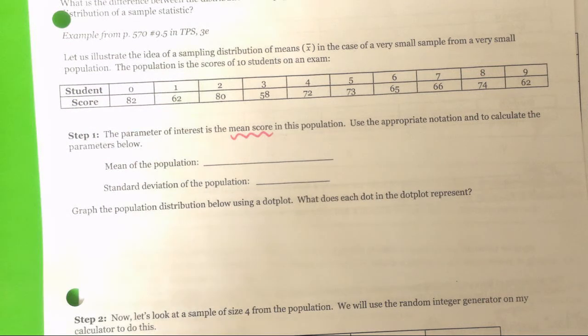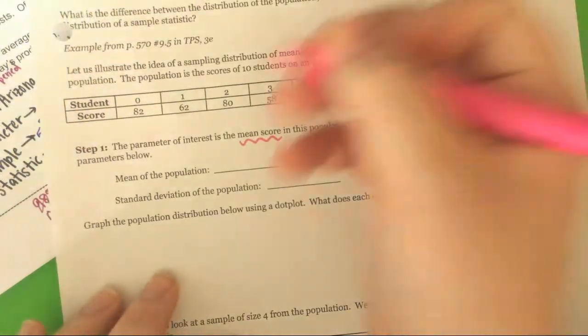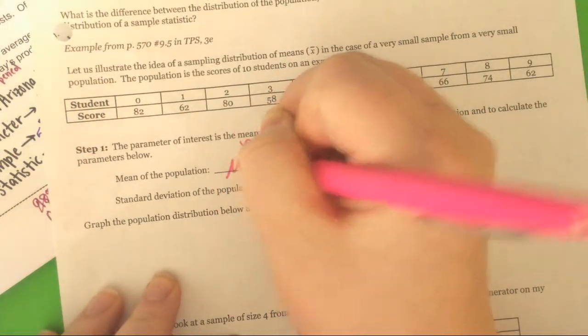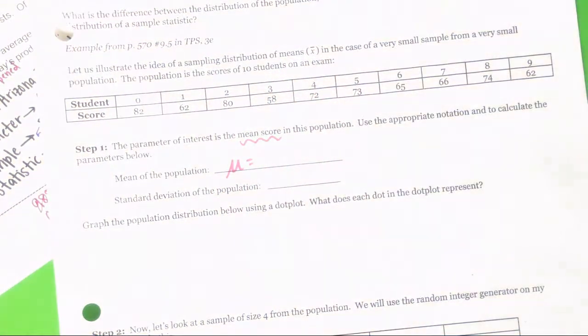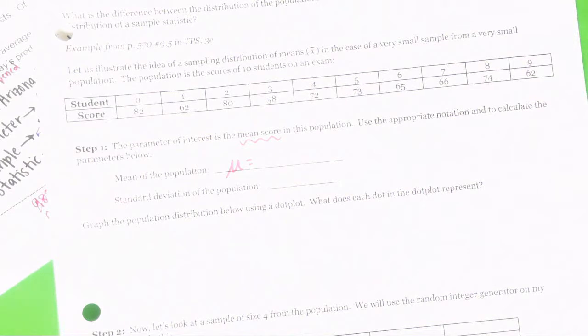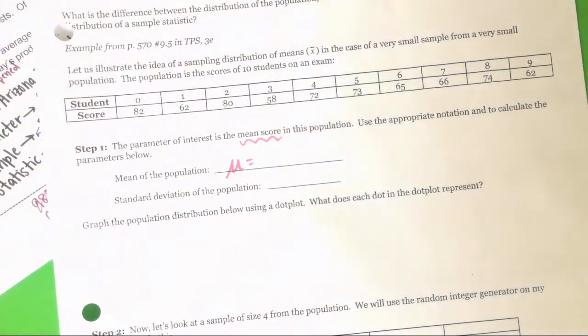Okay, for the mean of the population, what Greek letter are we supposed to use? So we're going to need to calculate mu. How are we going to calculate it? I add them all up independently. Okay, so do it. Add them all up, divide by 10, and what is the answer?